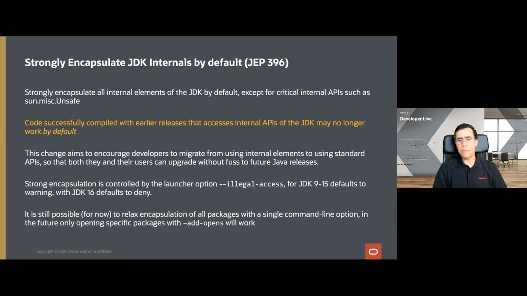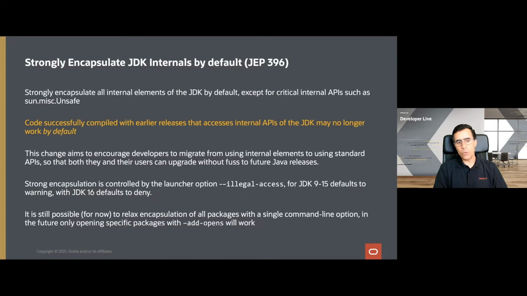But still, there are some developers that rely on them. And even if you're not using them directly, there were many common tools and frameworks that used them for many years. So the result was that when JDK 9 came out, most, if not all, non-trivial applications relied on them.